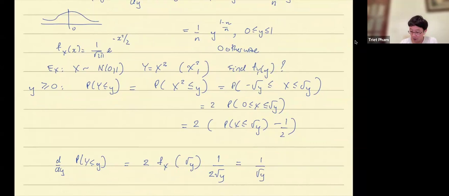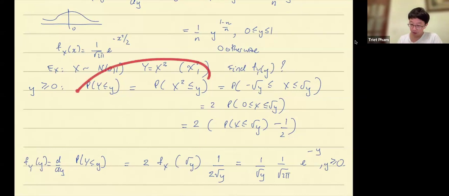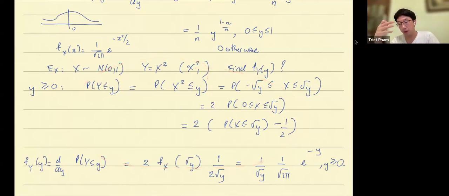And if you plug in square root of y for this function, remembering that y is non-negative, you get 1 over square root of 2 pi e to the minus y over 2. So that's the PDF of the chi-square with 1 degree of freedom, done by the scheme of calculating the distribution of a function of a random variable. Any questions?